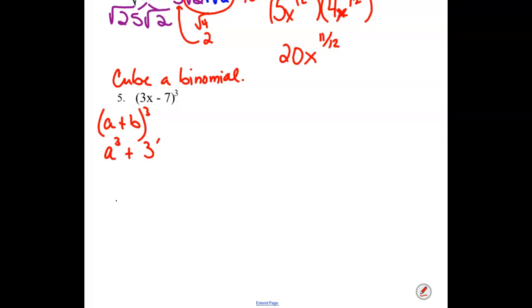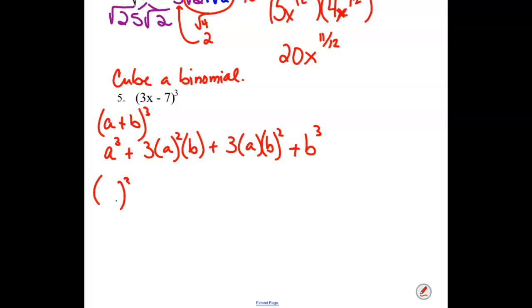Then we had 3 times the first term squared times the second term. Then we switched that, 3 times the first term to the first power and the second term squared. And then we had the second term cubed as our final piece. So for this example, our a's are really going to be our 3x's, and our b's would be a -7.